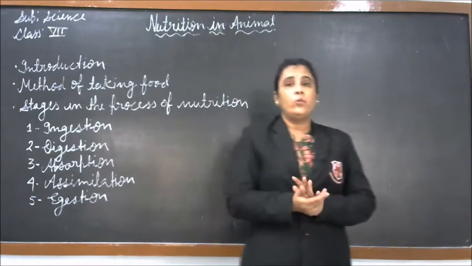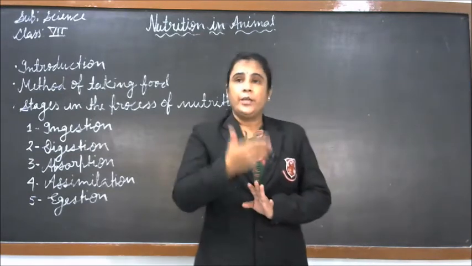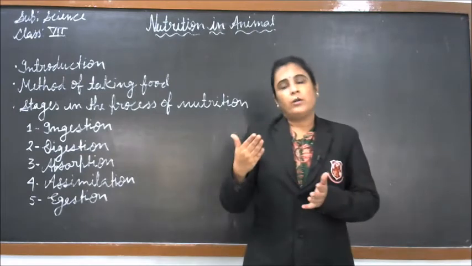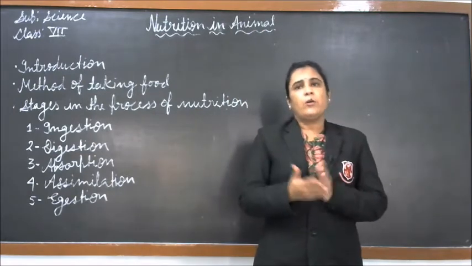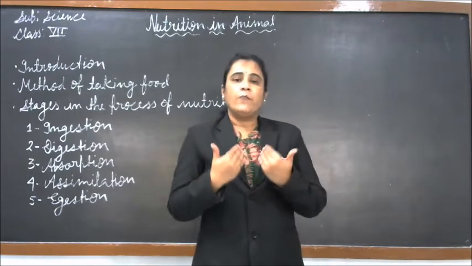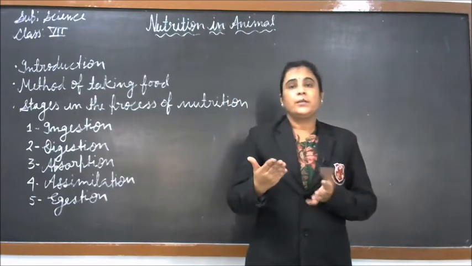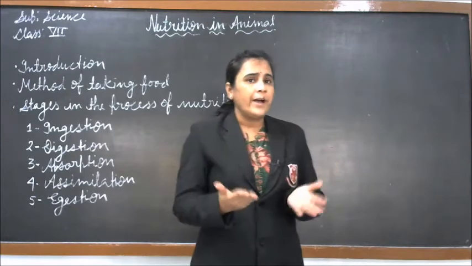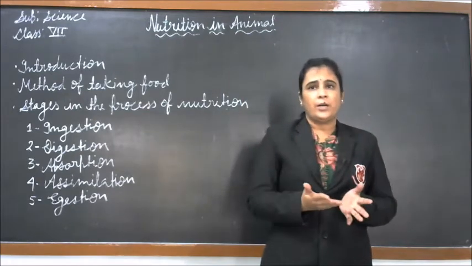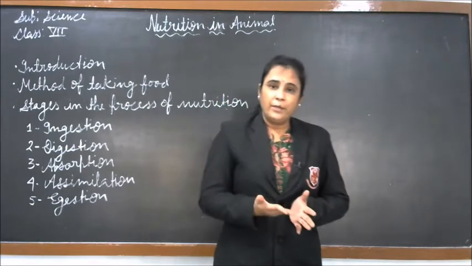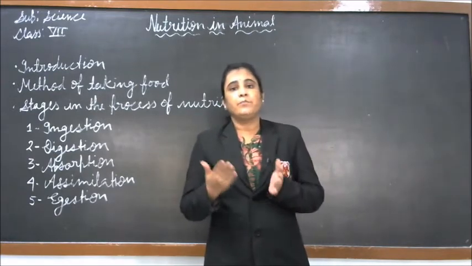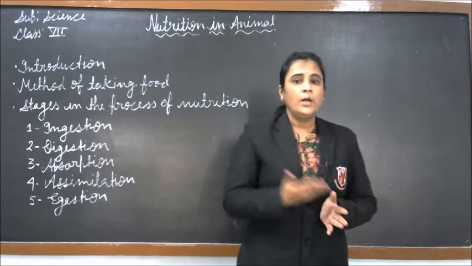This ready-made food comes either from animals or from plants. Human beings and animals obtain food from plants like wheat, rice, paddy, jowar, bajra, and from animals, such as cheese, butter, and milk.